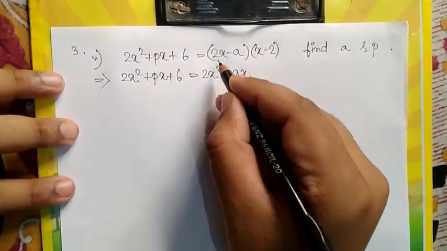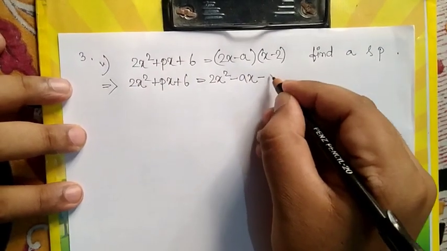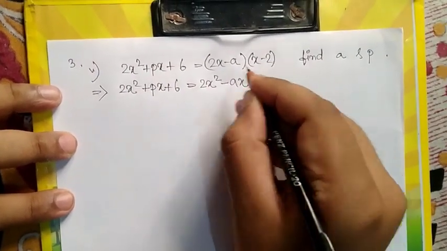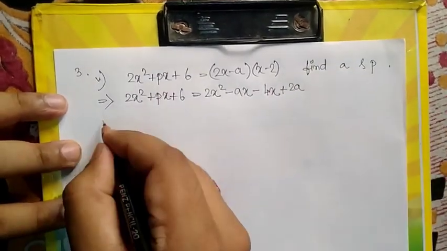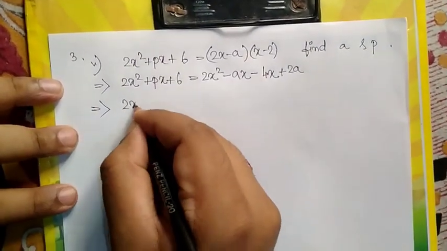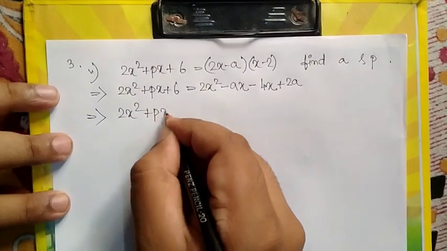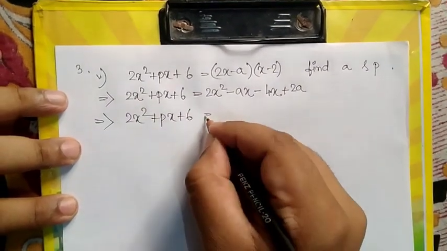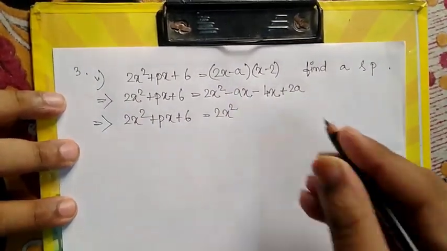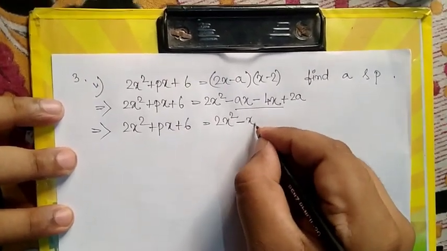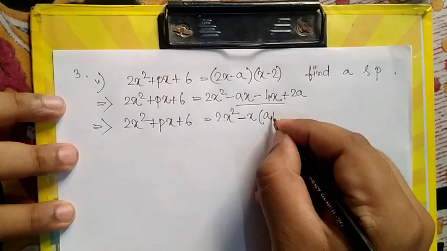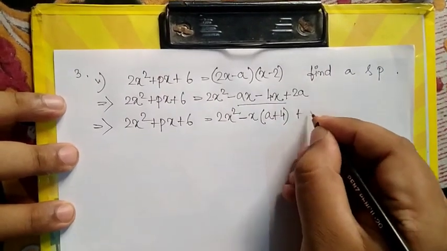After that, minus 2 into 2x, minus 4x, and minus 2 into minus a, plus 2a. So therefore we can write it in this formation, 2x square. From these two, minus x is common, a plus 4, plus 2a.